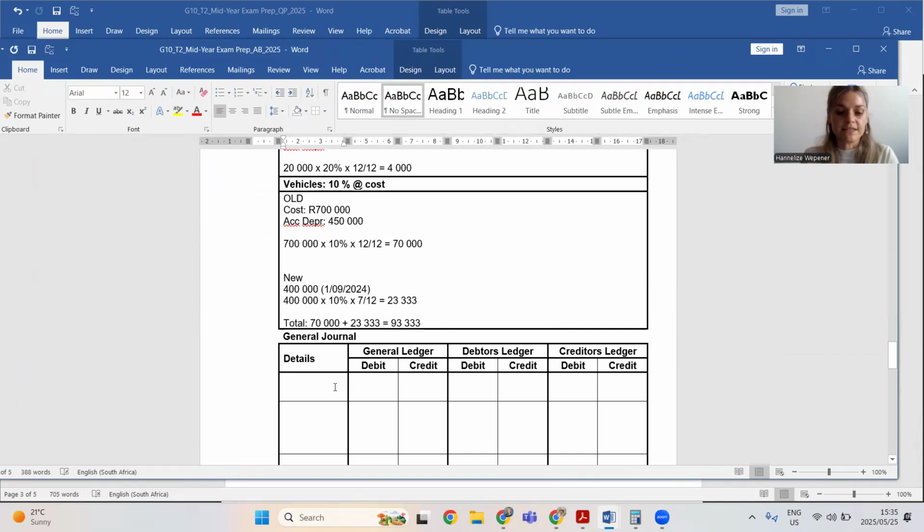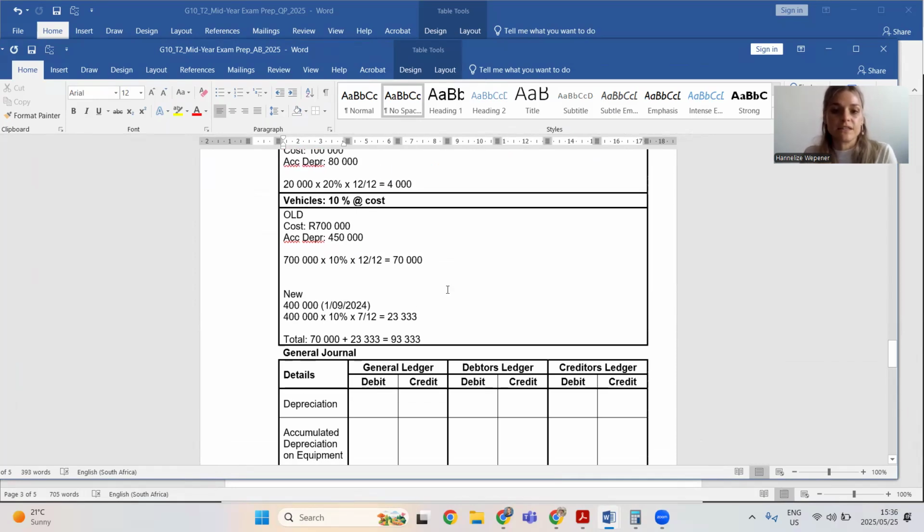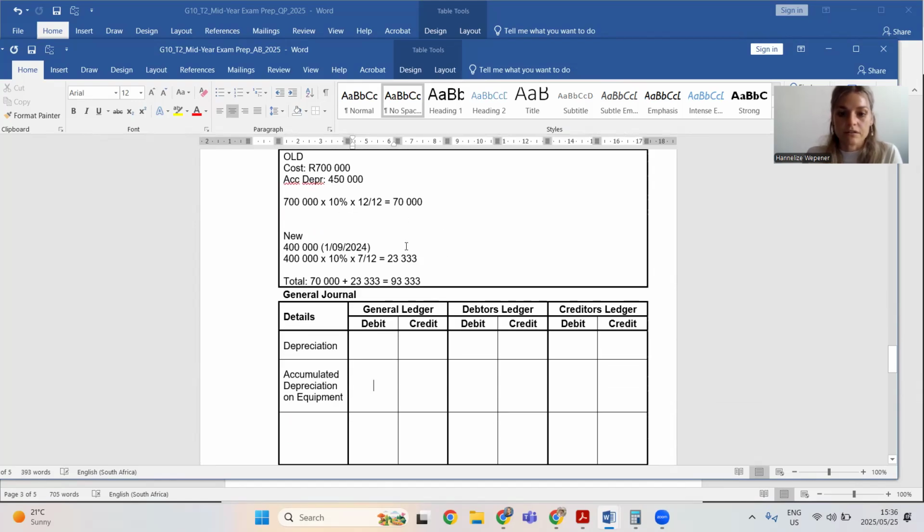So we need to debit depreciation. We need to debit it because we had accumulated depreciation on equipment, so you have to be specific. And the accumulated depreciation on equipment is increasing by 4,000 Rand. So 4,000, remember, accumulated depreciation is a negative asset account, therefore it increases on the credit side.